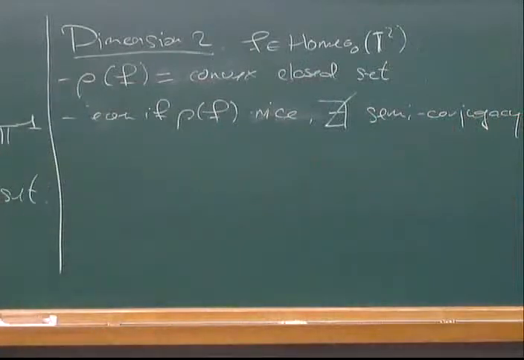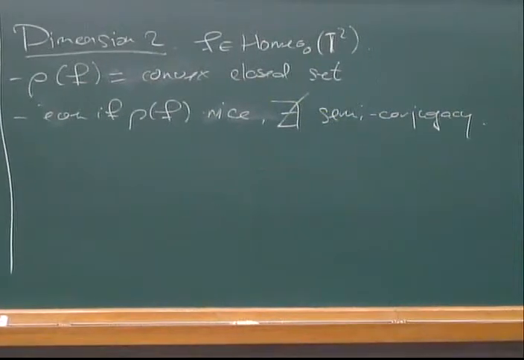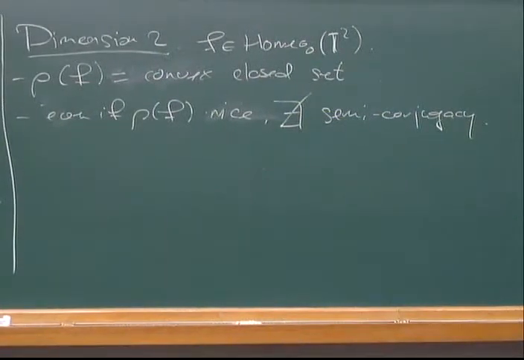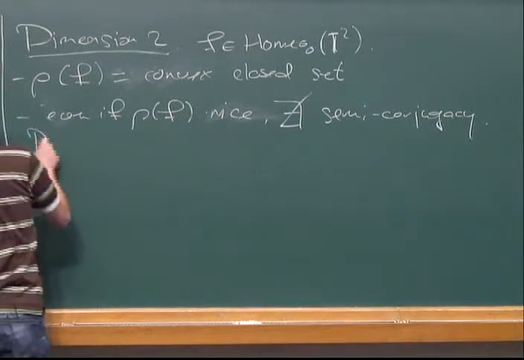Okay. So basically you have to make a choice here. You have to choose a nice family of torus homeomorphisms. In the past 5 years, there's been a lot of progress on this.